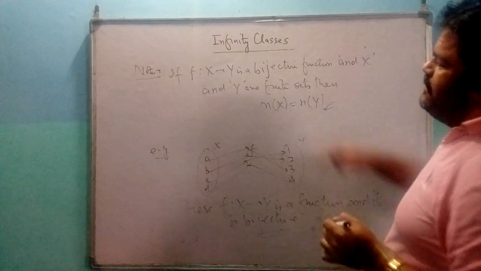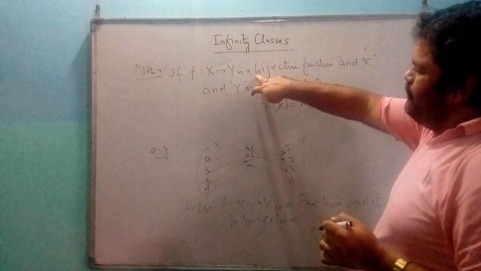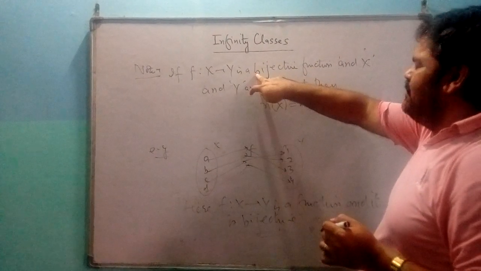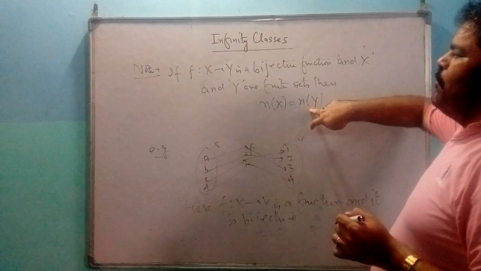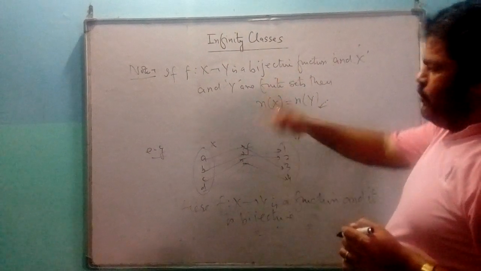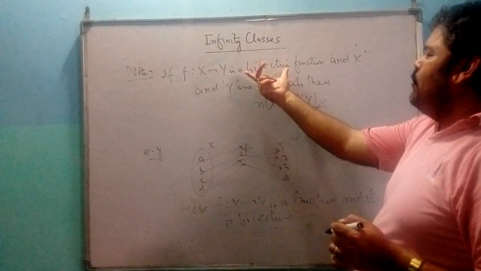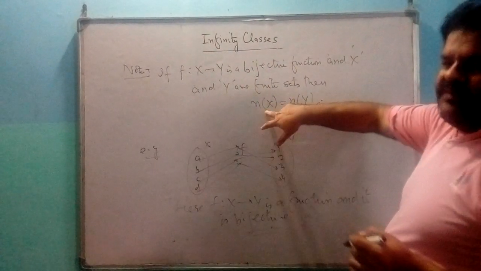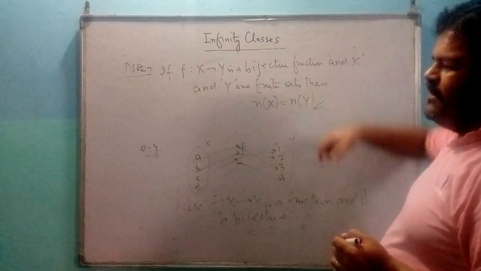Because this is a bijective function, so it is also 1 1 and onto. In case of 1 1, number of elements in y is more, and in case of onto, number of elements in x is more or equal. So in case of both, the equality holds, means number of elements in x is equal to number of elements in y.